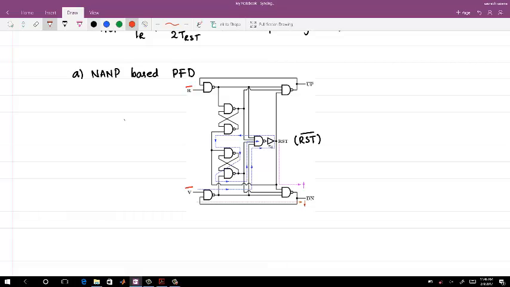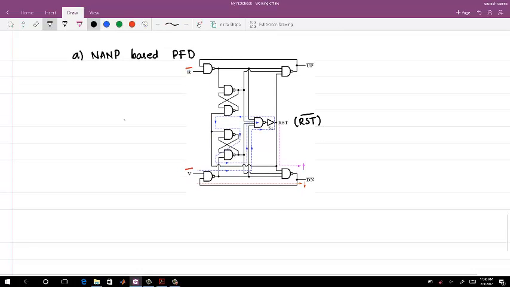So now let me show you how this works. Let's mark some points. Let's say this is our X node and this one is our Y. So let's say when R was high and V was also high, in this case.